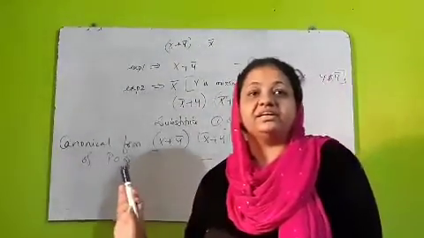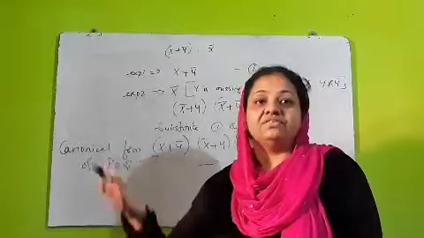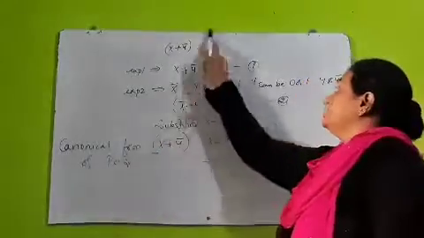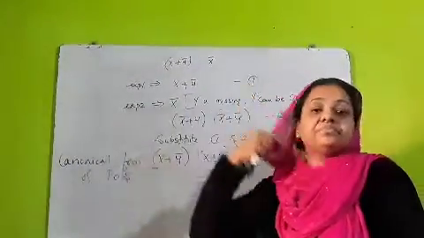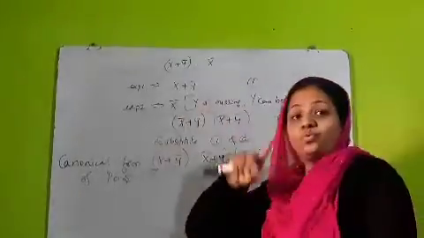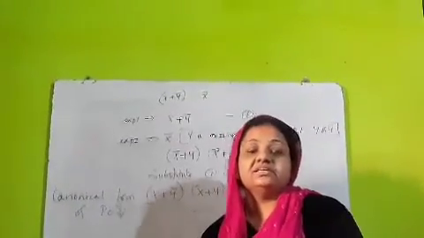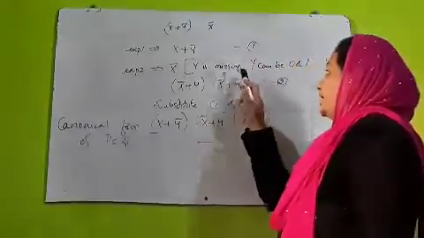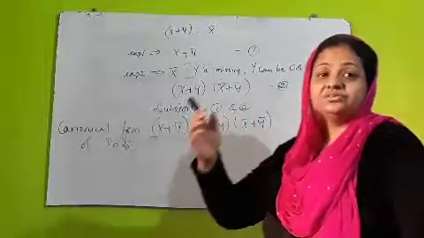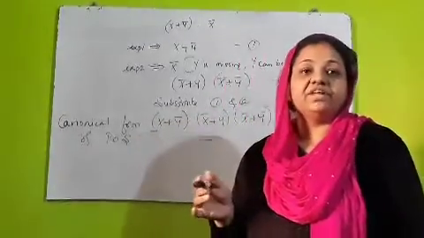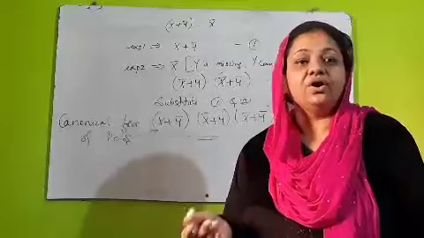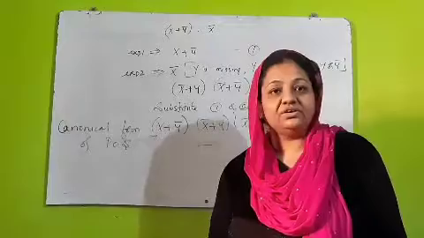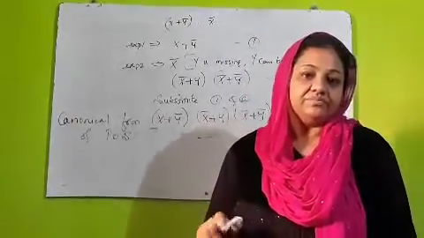Then we will take the next expression, that is x bar. Here in x bar we can see one variable missing, that is y. As we know that in Boolean algebra a variable can have 0 or 1, y can be 0 or y can be 1.